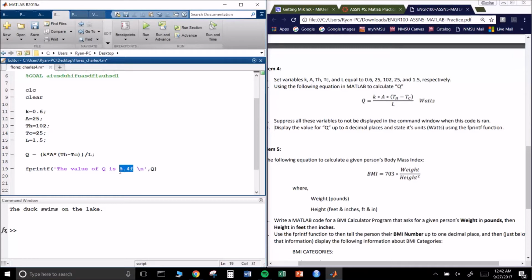So now this is another idea in MATLAB that we will use to basically call variables that we ask for here in the fprintf function. So we use a %, we use the number of decimal places that we want after that number, and then we use an f.